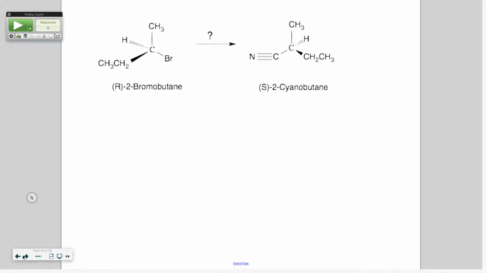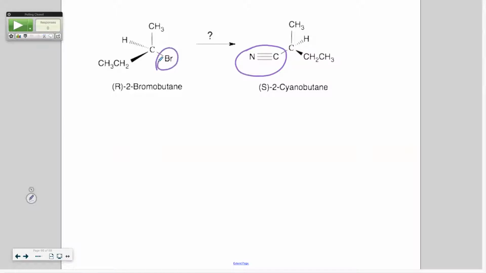So don't use one. It'll just get wet, FYI. All right, so what can we do? What do you want to do? Ammonia. That would put an NH2 there. So what do we want to put there? Okay.